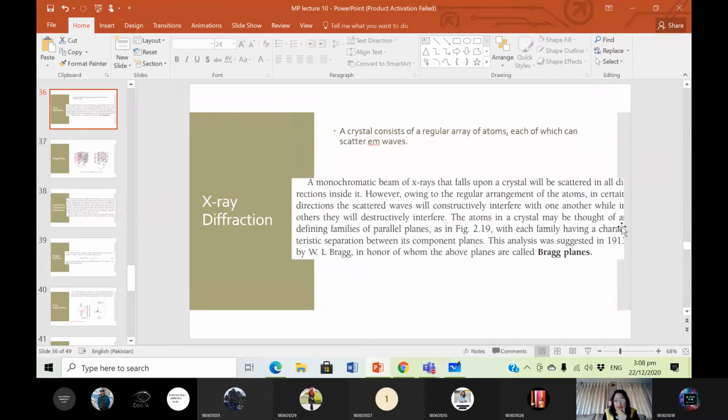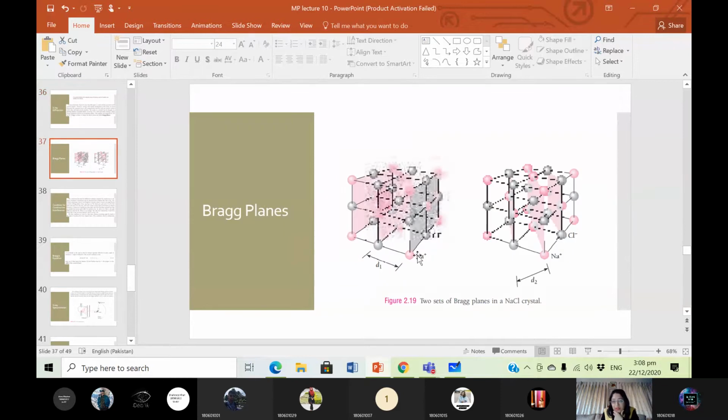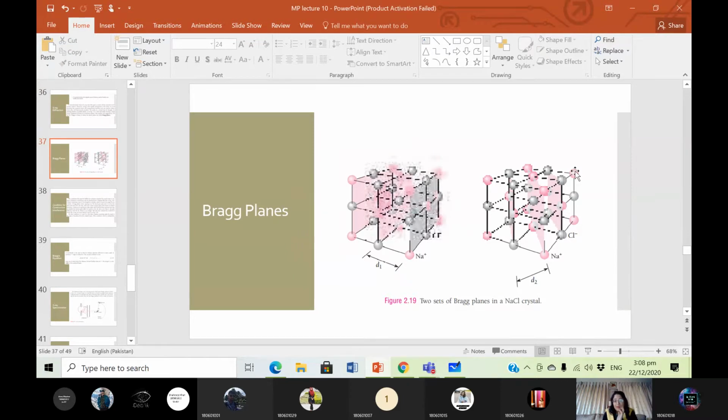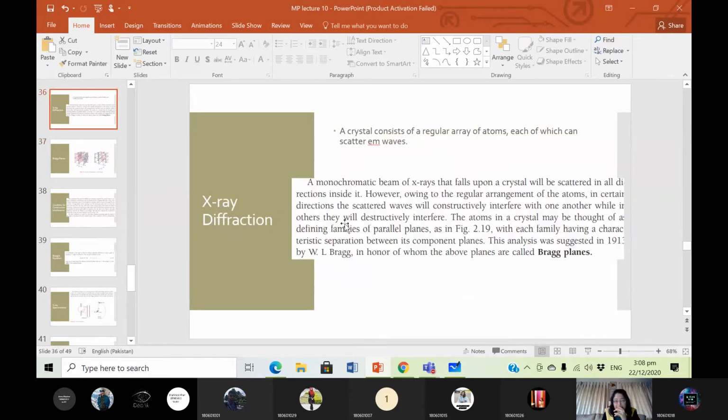So the atoms in a crystal may be thought of as defining families of parallel planes. As we can see over here, this distance is D1, this distance is D2. So there can be two sets of Bragg planes in a sodium chloride crystal, defined like this, okay? Each family having a characteristic separation between its component planes.